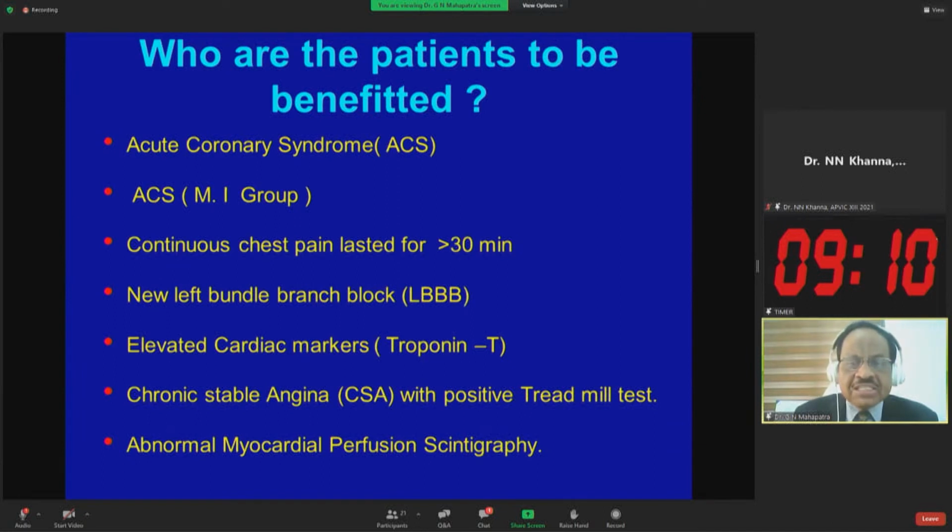So, who are the patients to be benefited in this plaque imaging? Acute coronary syndrome. In the acute coronary syndrome and MI group: continuous chest pain lasting more than 30 minutes, new left bundle branch block, elevated cardiac troponin T, chronic stable angina with positive treadmill test, and abnormal myocardial perfusion scan.